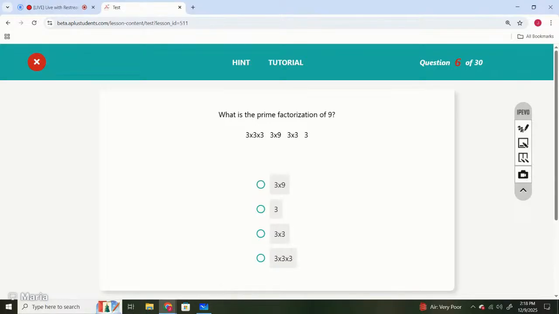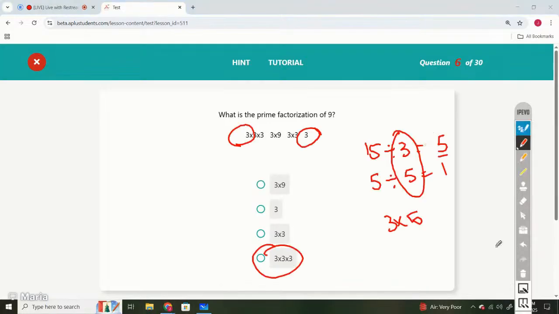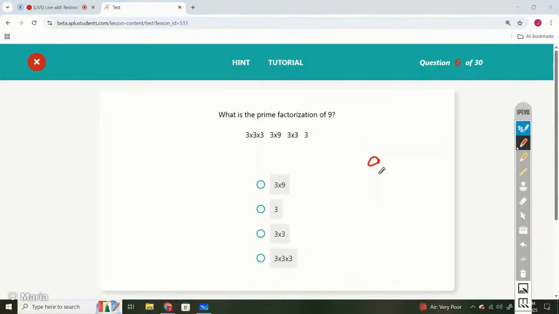What is the prime factorization of 9? So now we need to divide 9 by the smallest prime number. So that is 3. 9 divided by 3 is 3. Now again divide 3 by the smallest prime number. So the prime factors are 3 times 3.